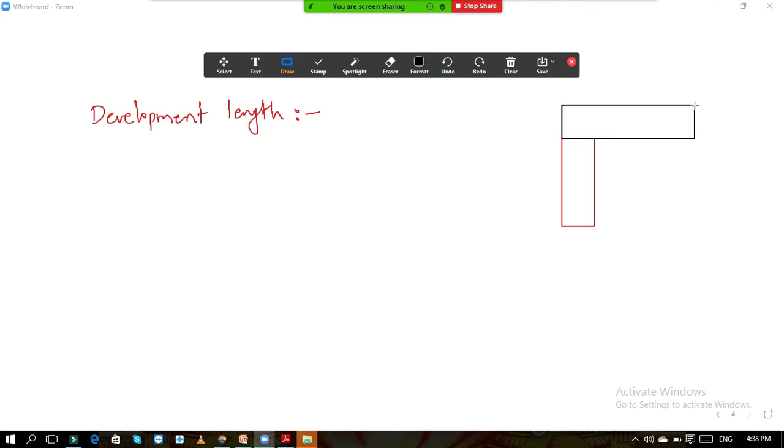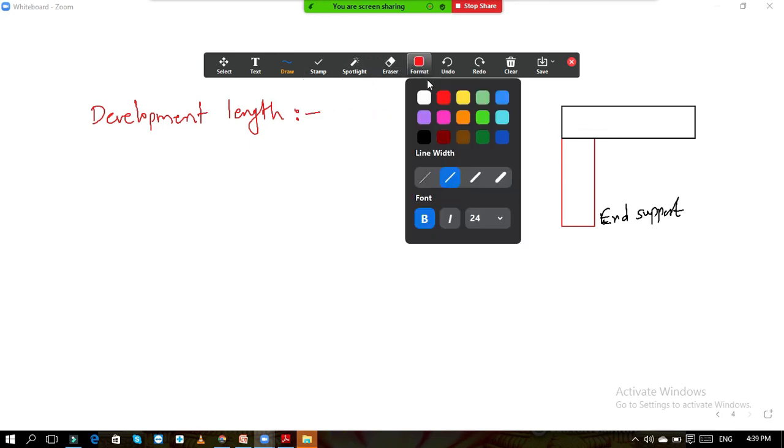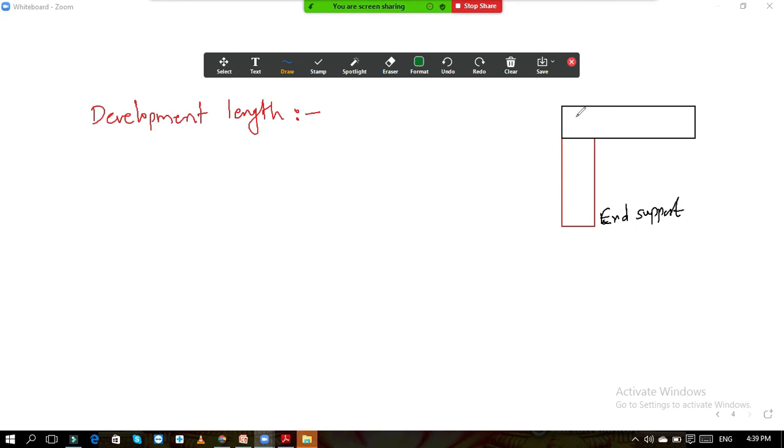This is your view. Now this support is your end support. For any other intermediate support, we won't provide the development length. So now if I draw the diagram and the reinforcement details, it will be like this. You can see this bar is not left alone over here.